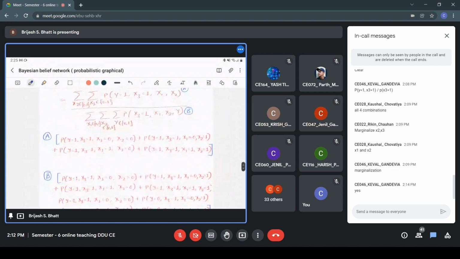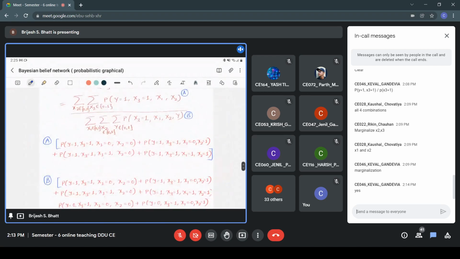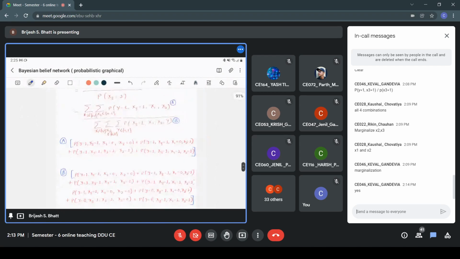So four values in the numerator, eight values in the denominator. Can you quickly simplify and calculate these answers?